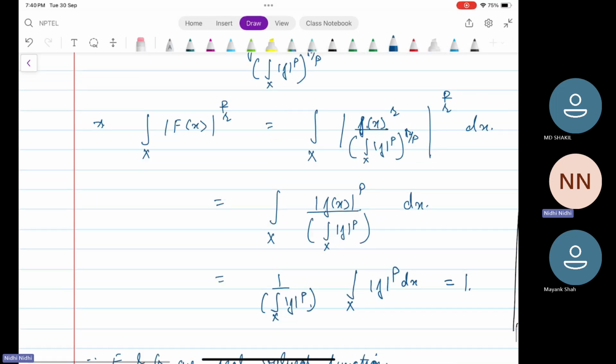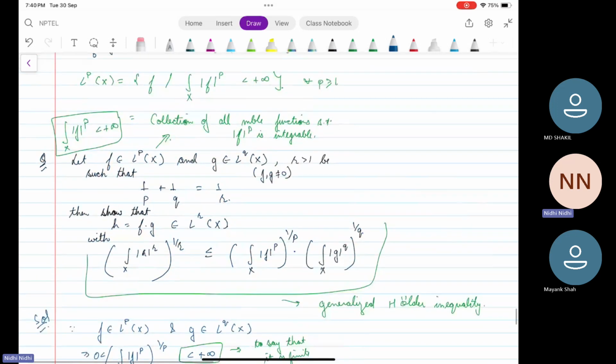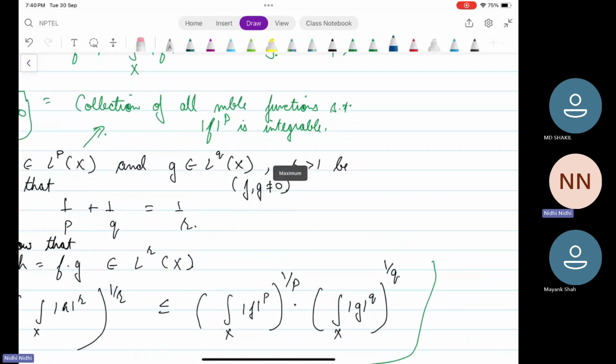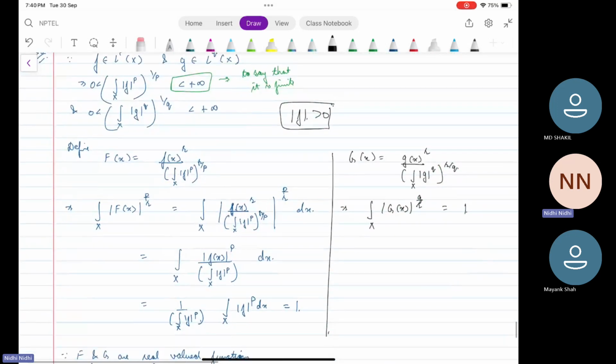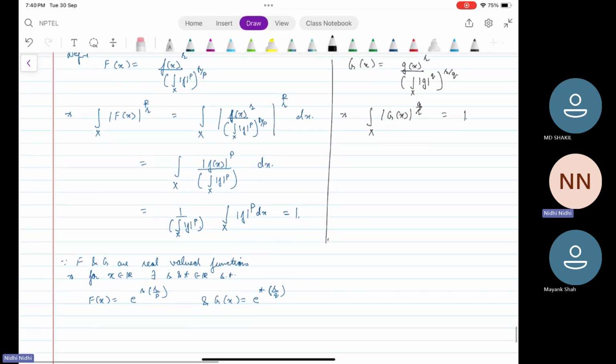Yeah, let's assume these f and g are positive, then we can generalize it for 0 as well. f and g are strictly positive functions. In that case, this capital F and capital G will also be positive valued functions. And we know that the exponential function takes all positive values.